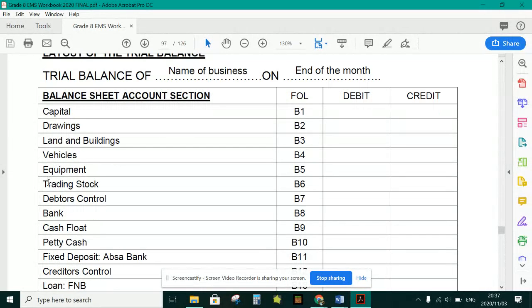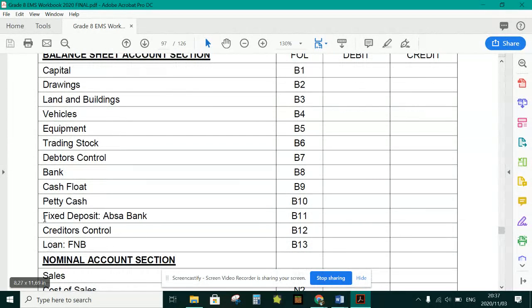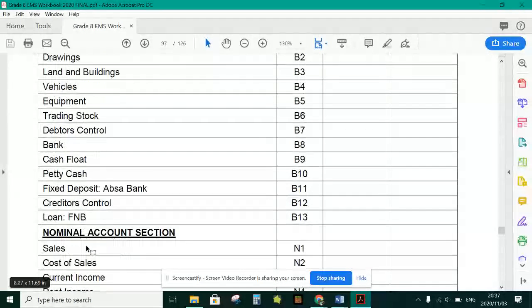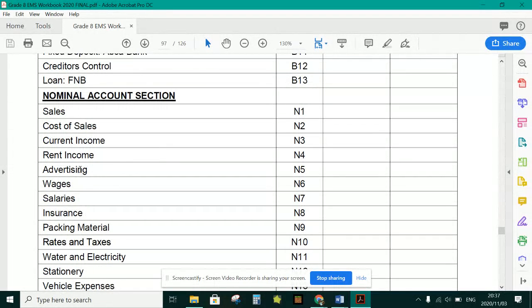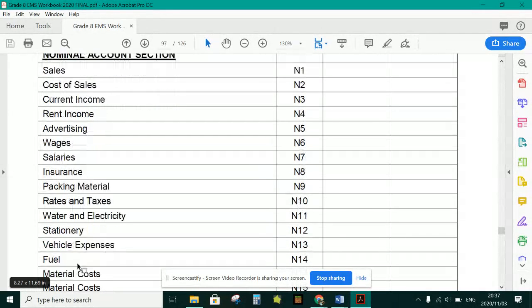Current assets, so trading stock, debtors control, bank, cash float, petty cash. Financial assets, fixed deposit. Liabilities, creditors control, and loan. Nominal accounts, sales first, then cost of sales. Then our income, so current and rent income. Then whatever's left over is an expense.